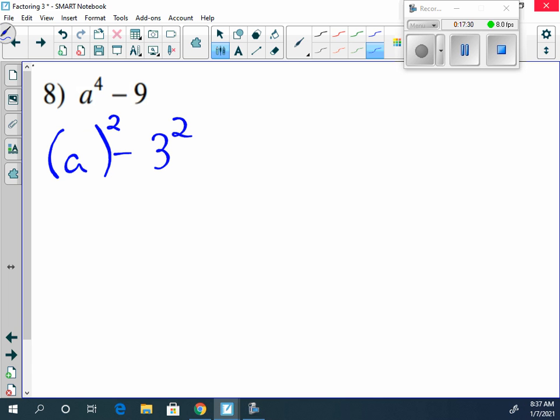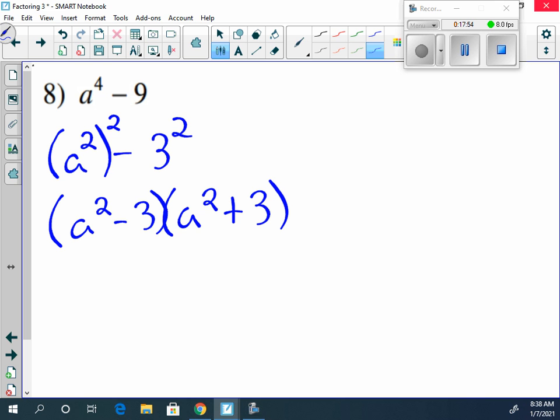Because we could say a squared, squared, powers of powers, multiply. Because a squared times a squared is a to the fourth, yes? So we can do this following the pattern. It would be a squared minus 3 times a squared plus 3.